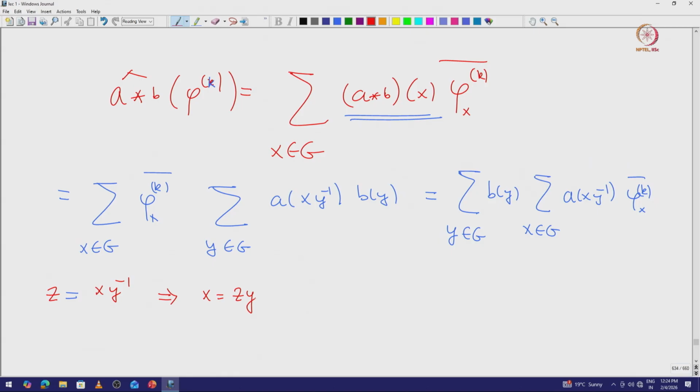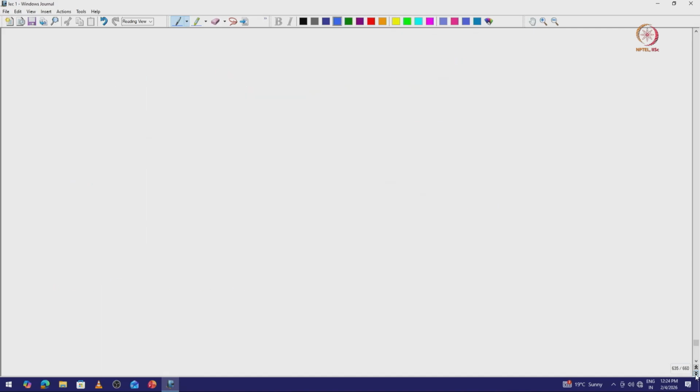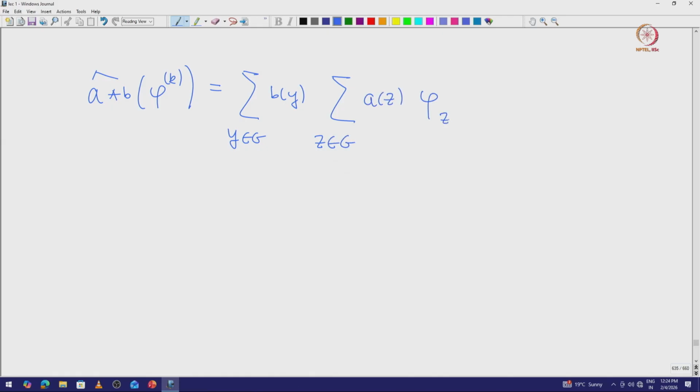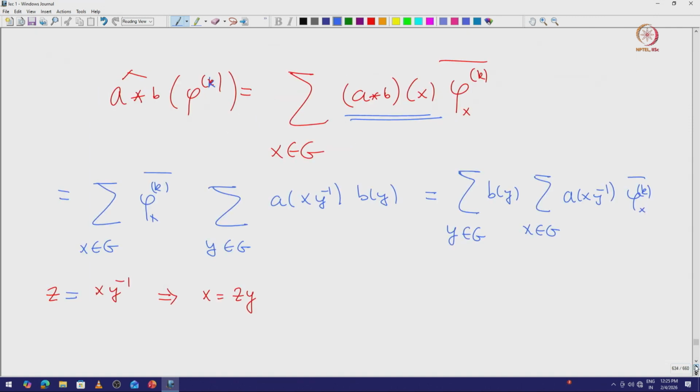If we substitute this, then we can see that the left hand side, which is A star B hat of phi k, is going to be exactly equal to summation y in G B of y summation z in G A of z phi z y k bar. All I did is change the variable, x to z y.